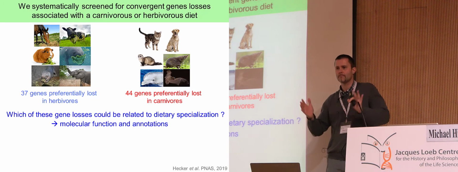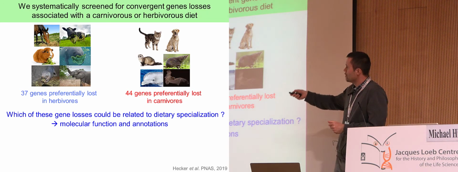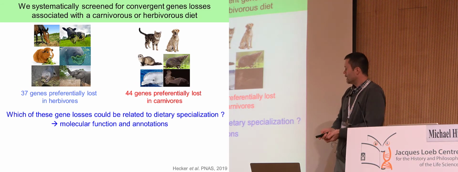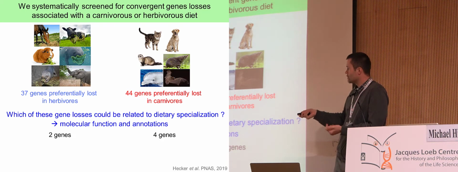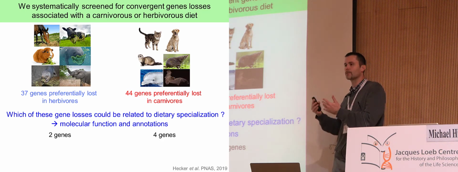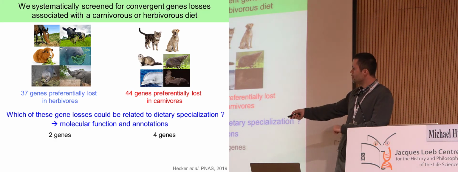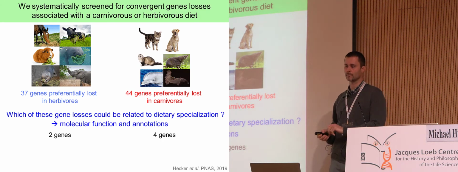Clearly nothing related to diet, but potentially a trait shared among the species. Nevertheless, when we try to interpret what those genes do as best as we can, we found 2 genes likely relevant for diet preferentially lost in herbivores and 4 preferentially lost in carnivores.